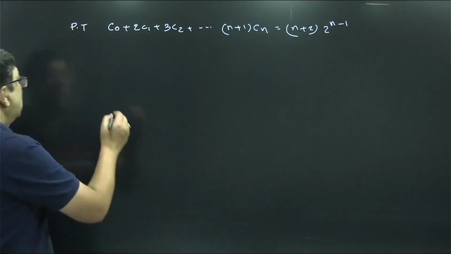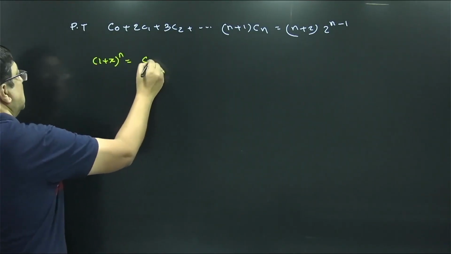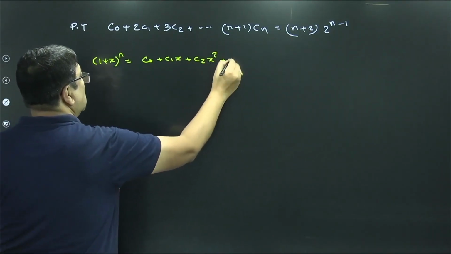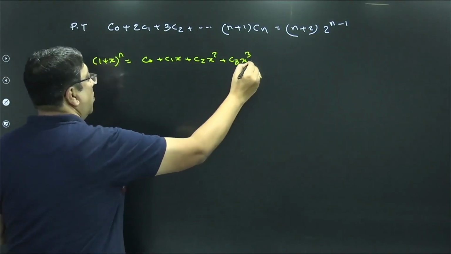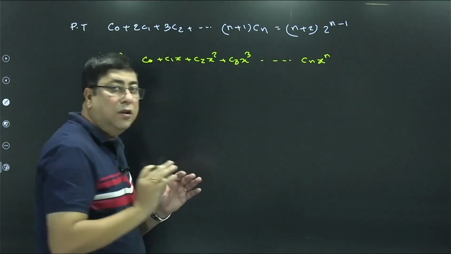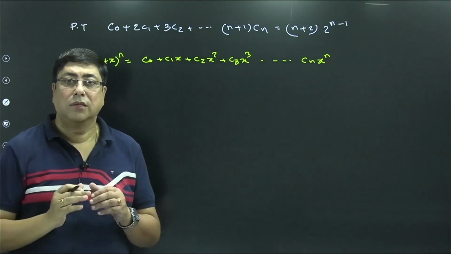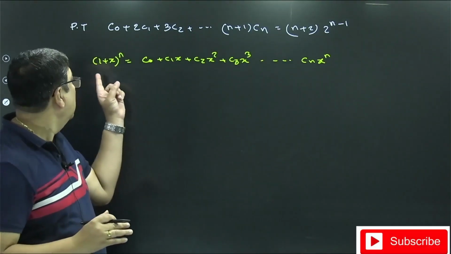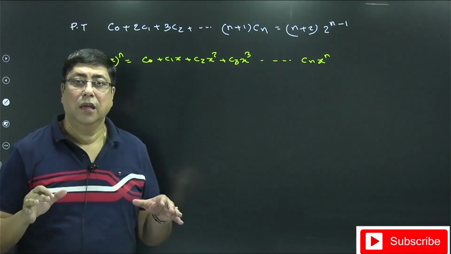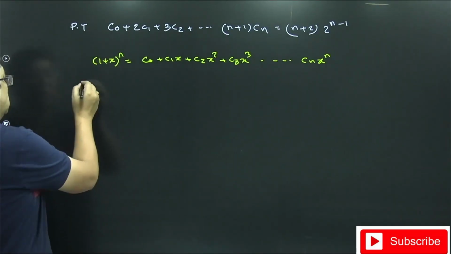So, let us start with the sum 1 plus x whole to the power n, that is C0 plus C1x plus C2x square plus C3x cube up to Cn x to the power n. Generally, in all the series, the sum should start with 1 plus x whole to the power n, though there are some exceptions also. Therefore, ready, let us start with this.